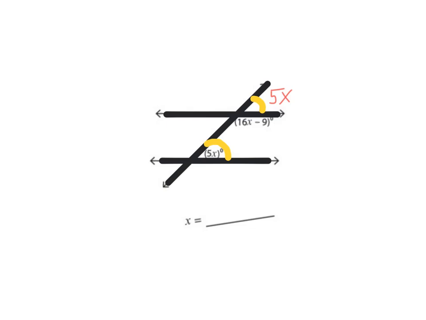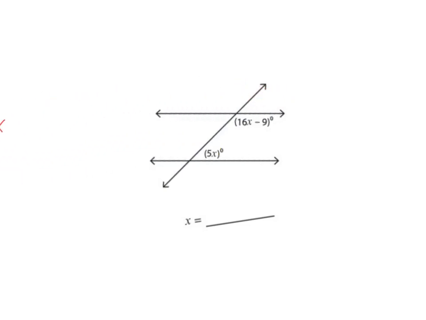Well, that could help us a lot. If I label this one 5x also, I now have a relationship between these two angles because they make a straight angle. I can write an equation: 5x plus 16x minus 9 equals 180, because they're a straight angle.